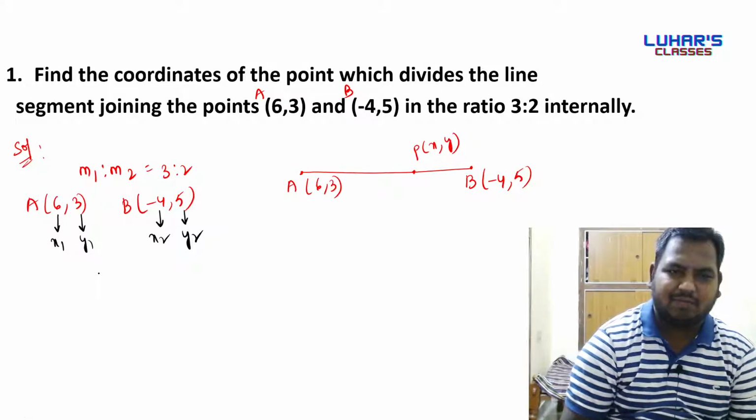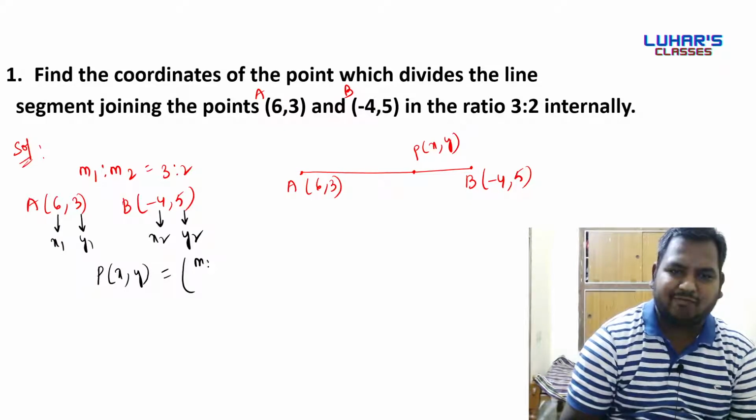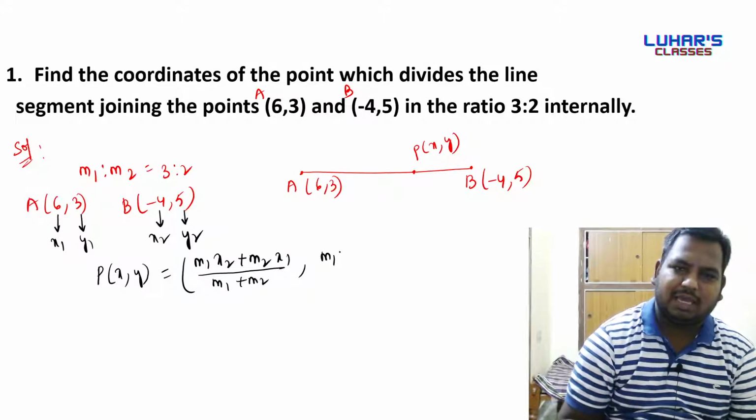What is section formula? Section formula is P of x, y is equal to (m1 x2 plus m2 x1) by (m1 plus m2) comma (m1 y2 plus m2 y1) by (m1 plus m2).